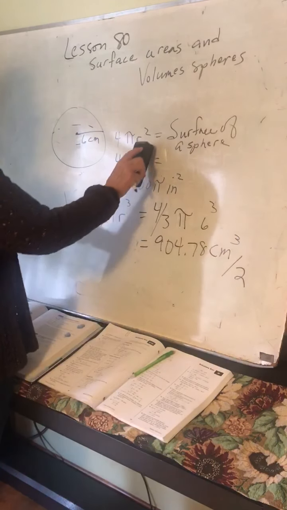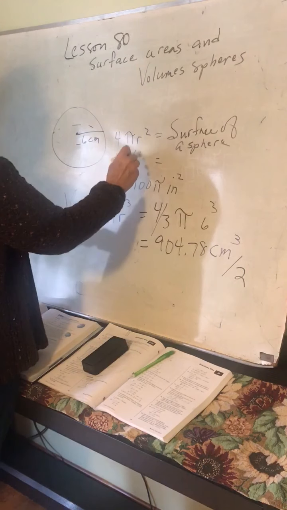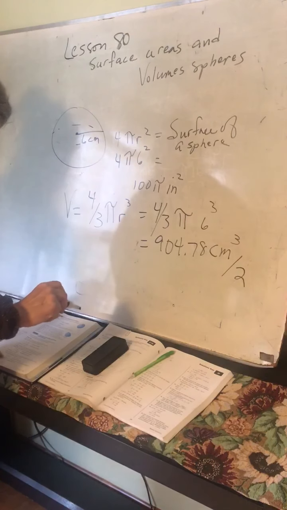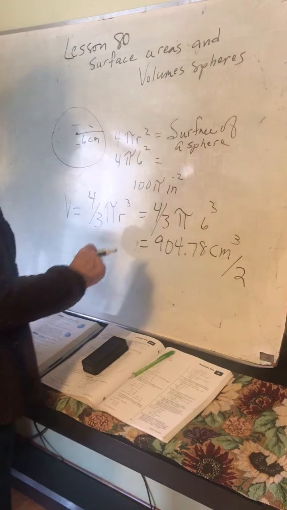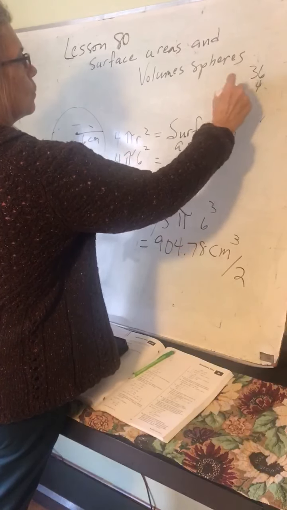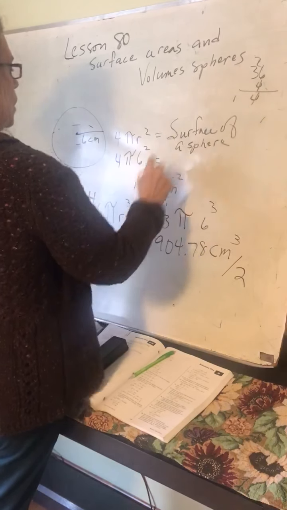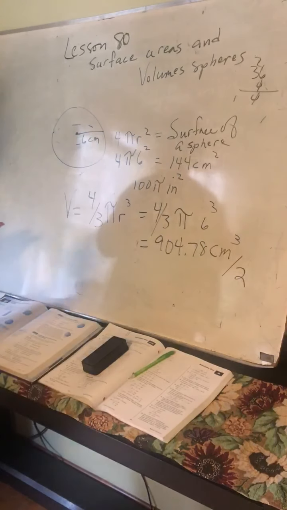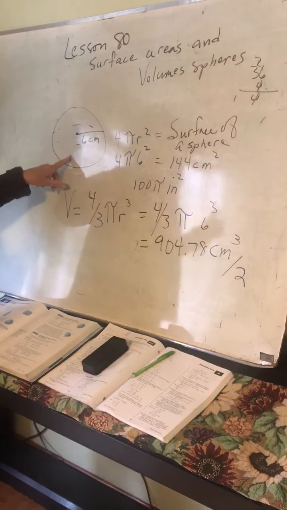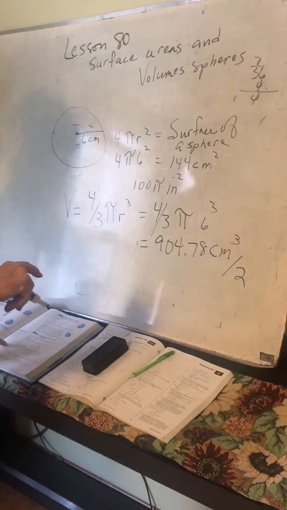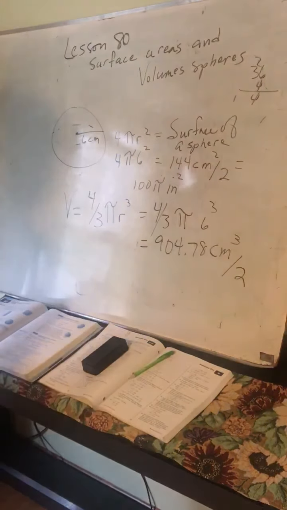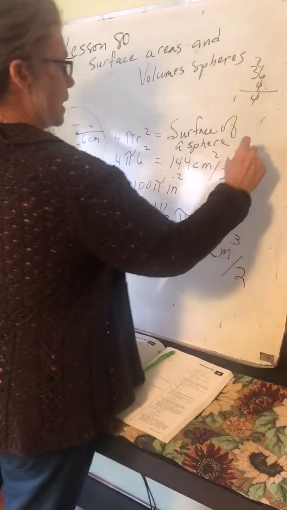The surface area of this one would be 6 squared, so 36 times 4, which is 144 centimeters squared for the surface area of this sphere, and then you would divide by 2 to get the hemisphere.